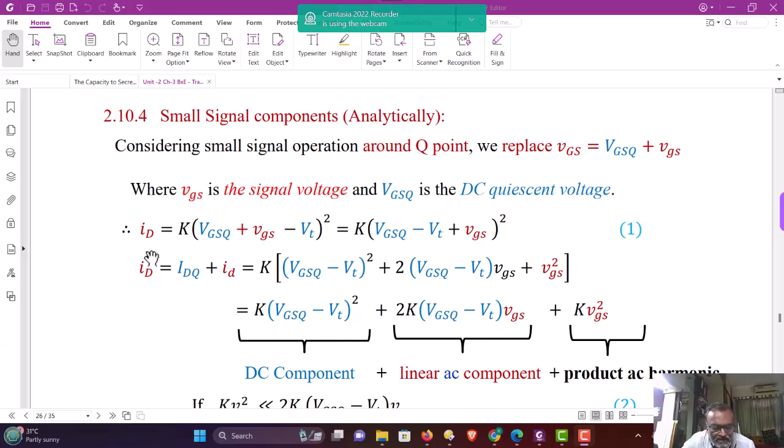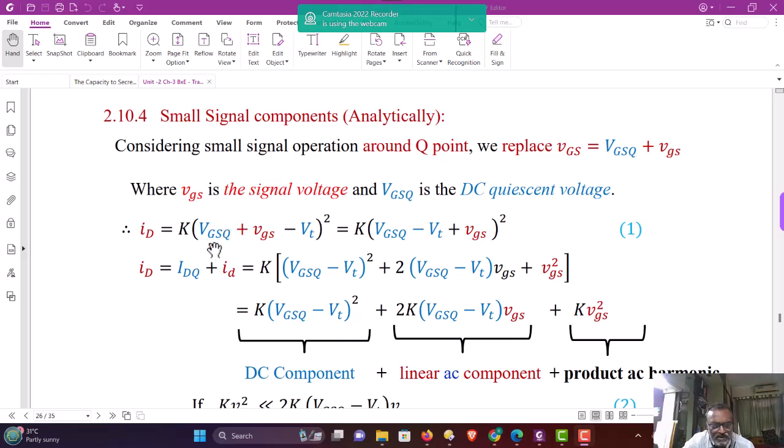We know the drain current equation for the MOSFET. In the last lecture we have seen, refer to the last lecture video, ID is equal to K into VGS minus VT squared. Let us replace the value of VGS there by the summation VGSQ plus small vgs, as shown in the equation.